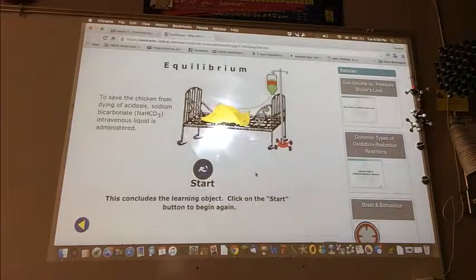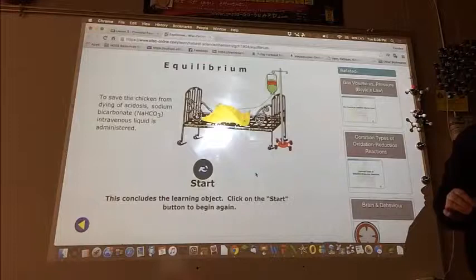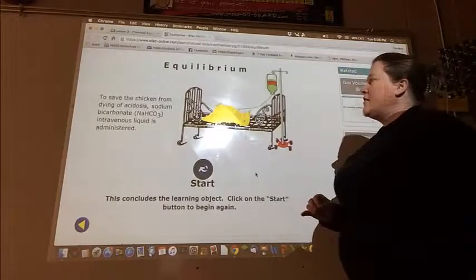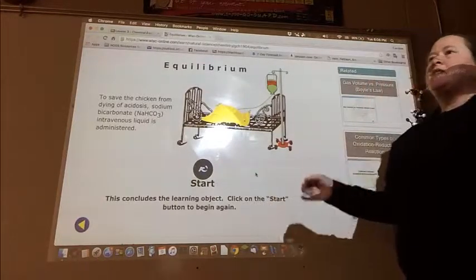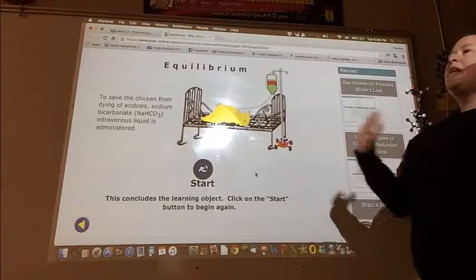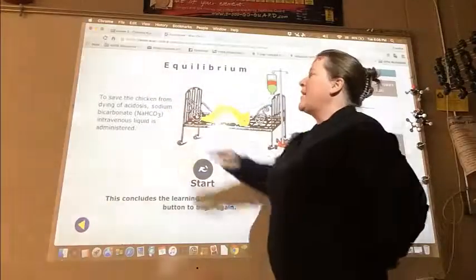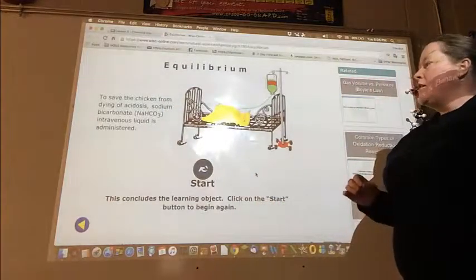So to save the chicken from dying of acidosis, one of the things that can be given to the chicken or anybody else that has acidosis because of carbon dioxide not being removed from the body properly is to administer sodium bicarbonate.